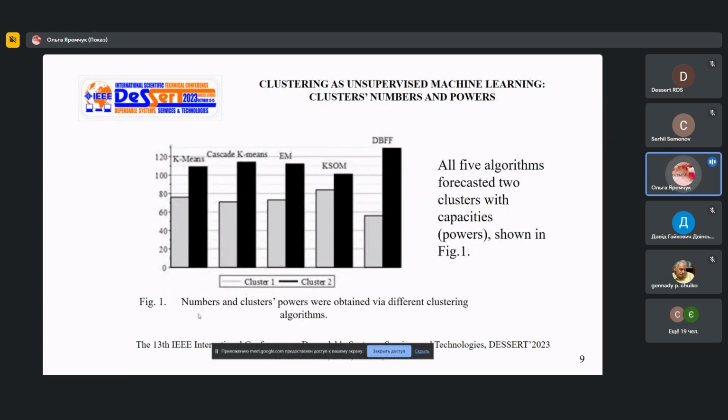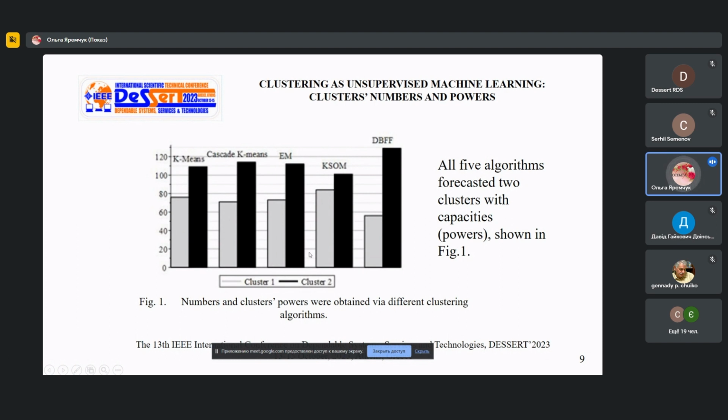In the next one, Figure 1, you can see all five algorithms forecasted two clusters with different capacities. Different clustering algorithms were applied, resulting in two structural clusters, a minor one from 56 to 84 instances, and a larger one from 101 to 129 instances.